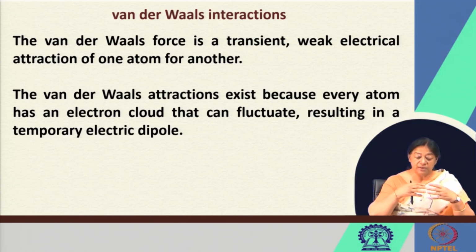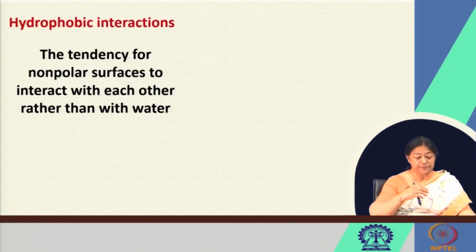They are weak transient electrical attractions from one atom to the other that give rise to what are called van der Waals interactions. Even though weak in nature, they can accumulate because there can be a large number of such van der Waals interactions in the protein.